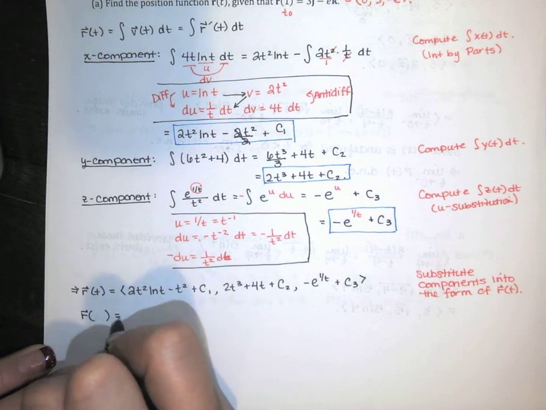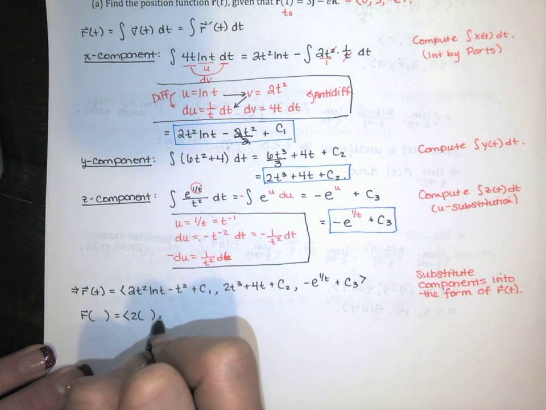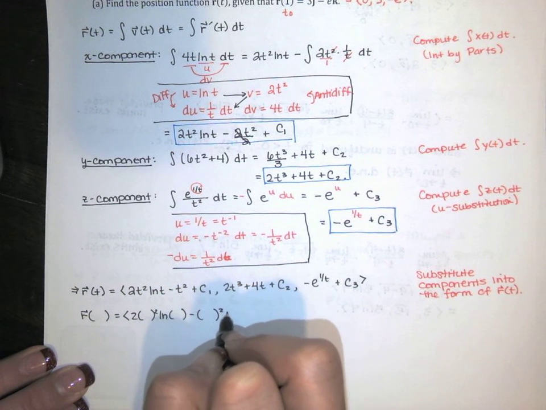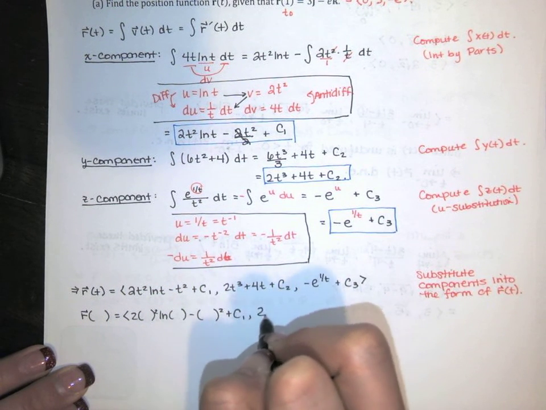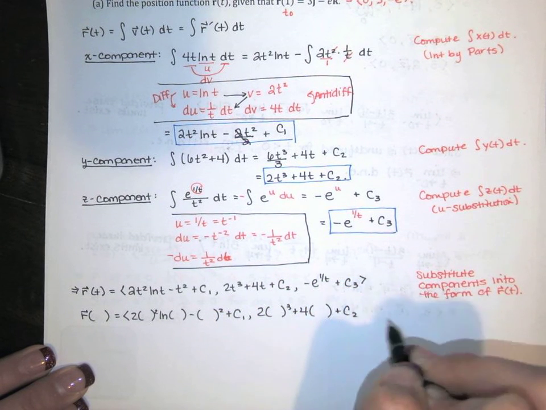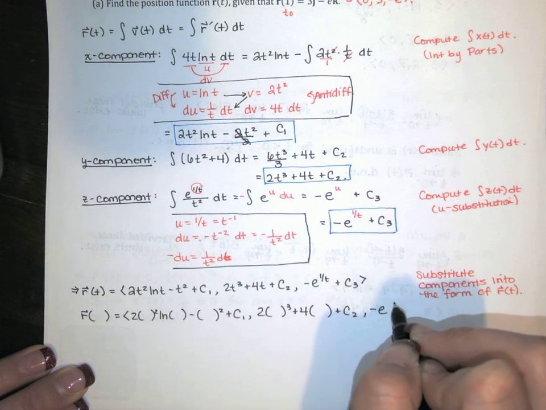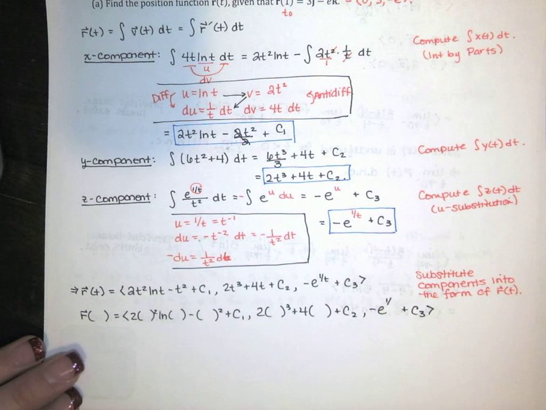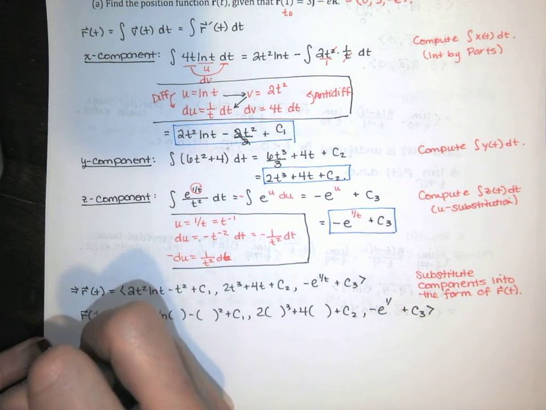So I'm replacing all of the t's with 1. I'm going to use what I've heard described as placeholder notation. I'm replacing all the t's with 1s.